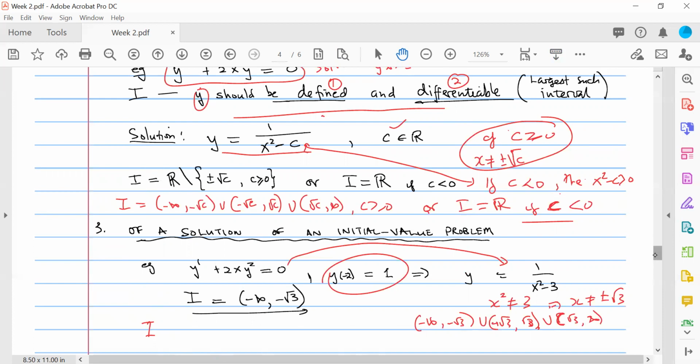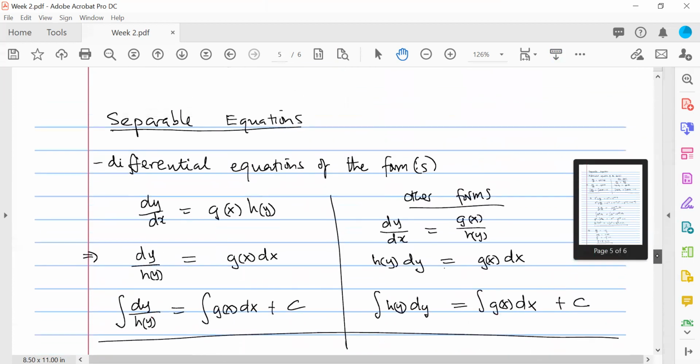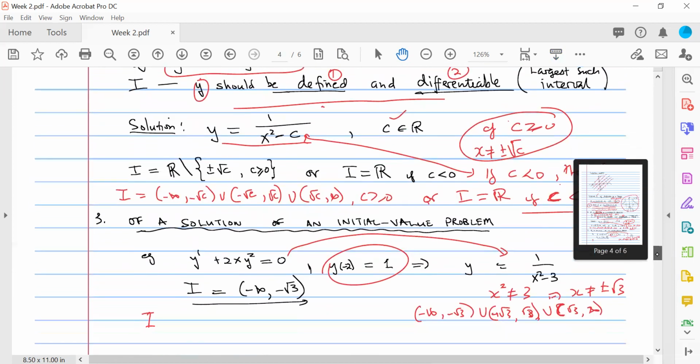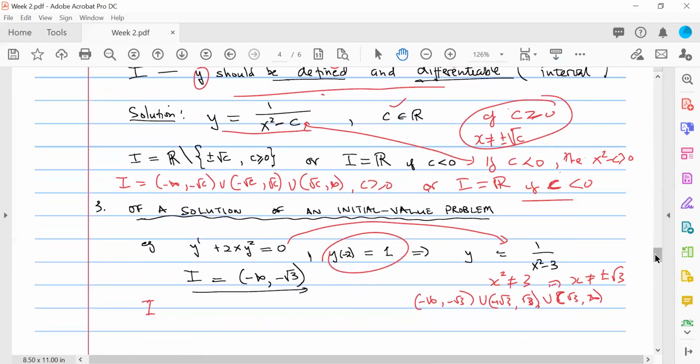Okay, but look, because we have asymptotes here, not all the parts of this interval should be the intervals we are looking for. So for example, we have our minus root 3 here, and we have an asymptote at root 3 here. We have a solution there, we have a solution here, we have a solution there.